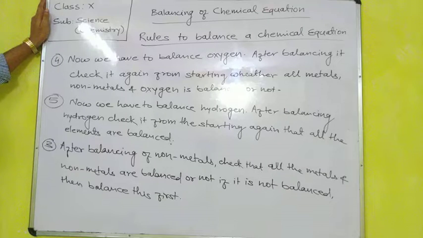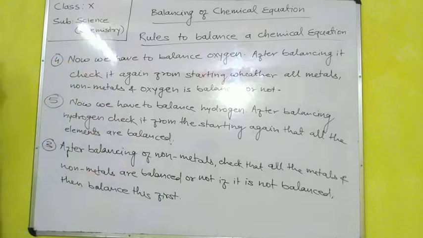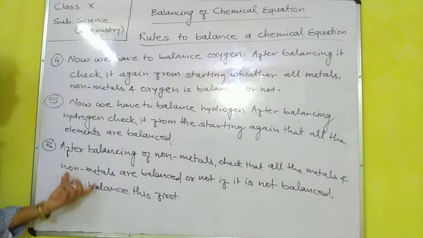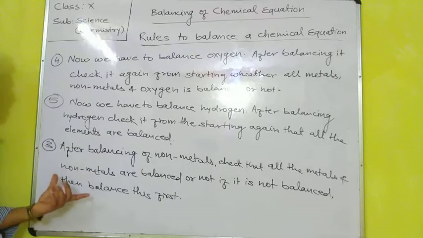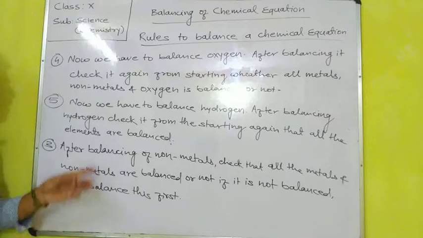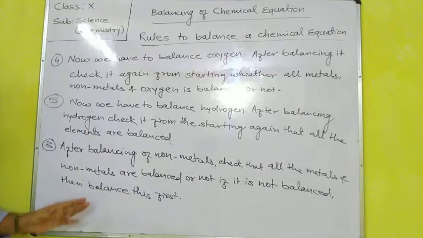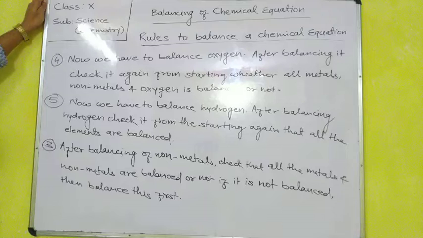That all the elements, from the starting step, whatever we are balancing. Suppose in the first step we are balancing the metals, and then in the second step we balance non-metals. Has it disturbed the balancing of metals or not?